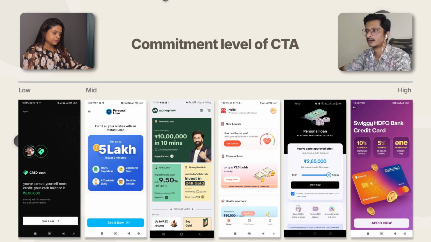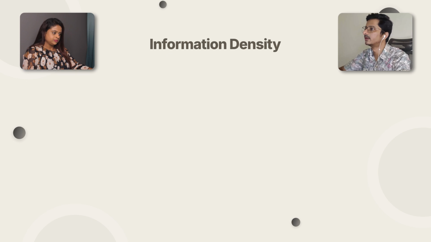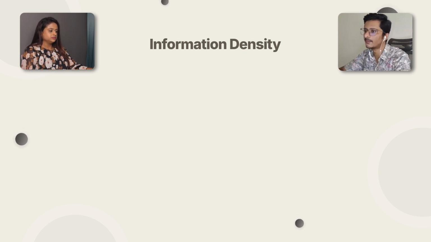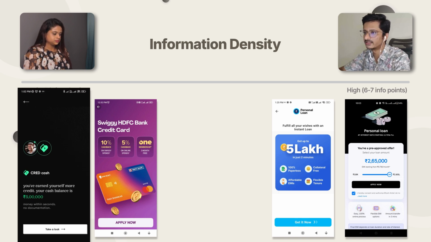Right. Correct. Let's look at information density as well, because that is very closely related to the commitment level of CTA. We see that the information density is also varied in a lot of these apps. A less dense screen like Cred, which has only two pieces of information, the amount and one or two benefits, doesn't overwhelm the user.